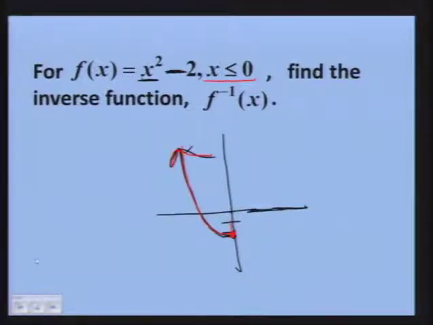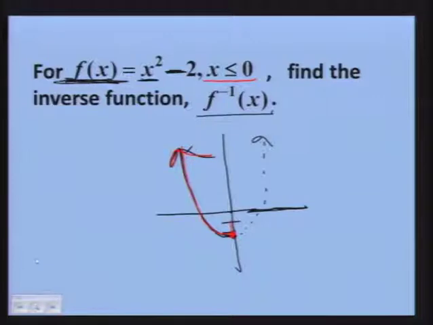Do you remember that both the function and its inverse had to be functions? That meant that f of x had to be 1-to-1, or pass the horizontal line test. It passes the horizontal line test so long as we don't have this side there.